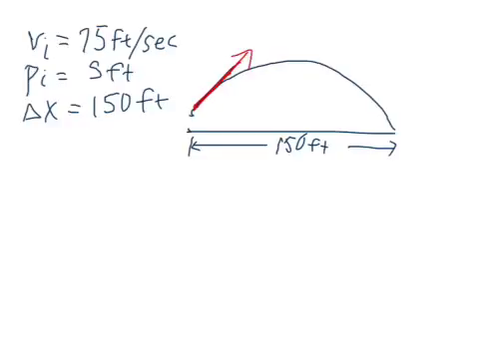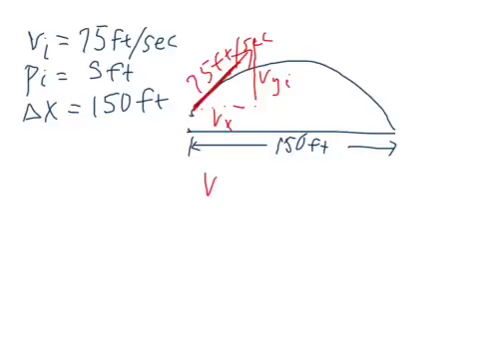This initial vector is at 75 feet per second, and we can kind of break it into its components, Vx and Vy. Now Vx in a problem like this is constant, so we don't have to worry about it changing, but Vy will be subject to gravity, so I'm going to call it Vyi.